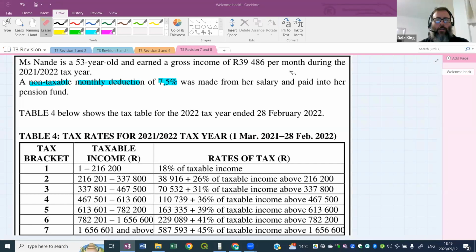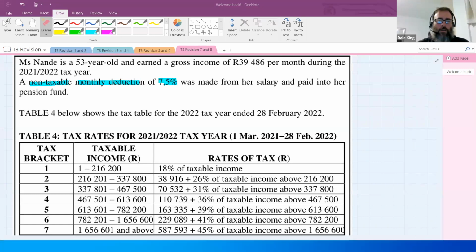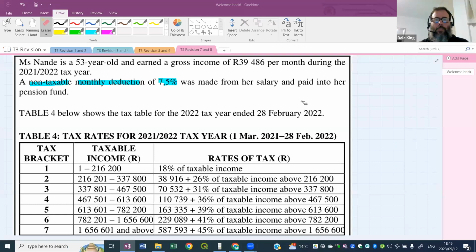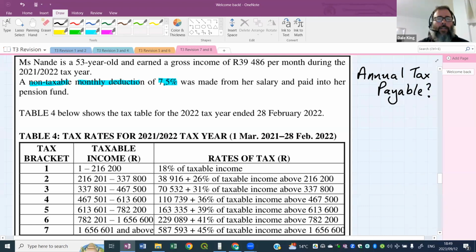Which part are you not sure of? I don't understand how we got the annual amount.